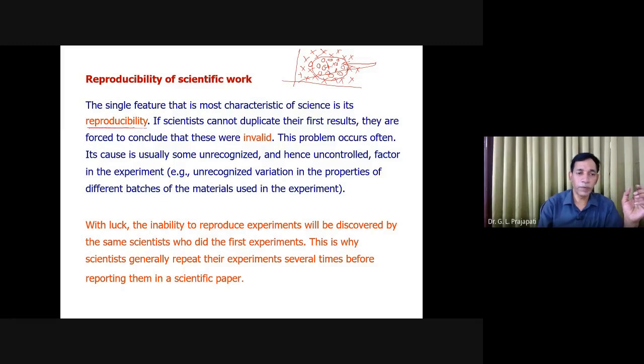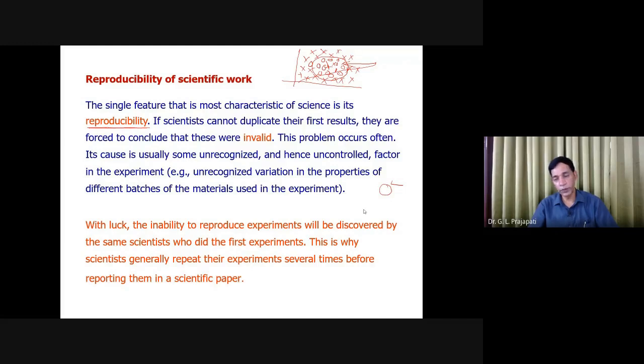Means you have conducted the experiment, and whatever results you obtain, if next time you conduct it with the same condition, whether you get the same result or not. This is important. This is the case of reproducibility.